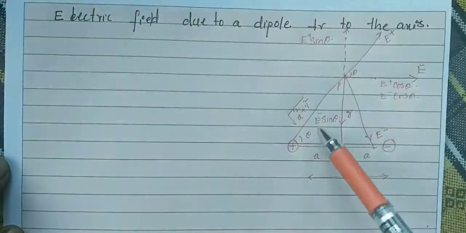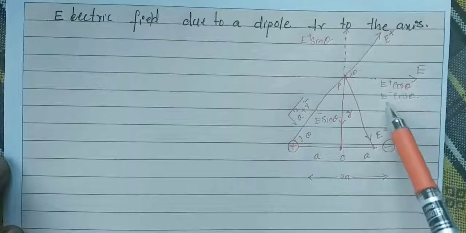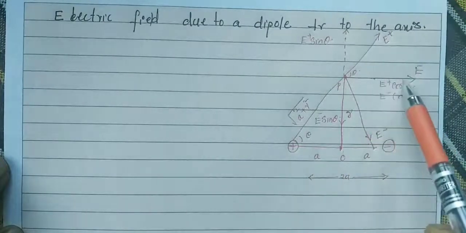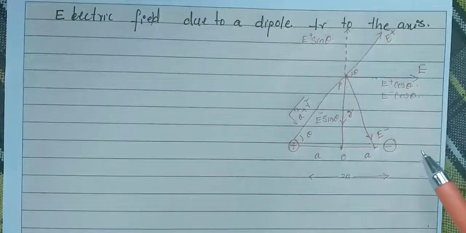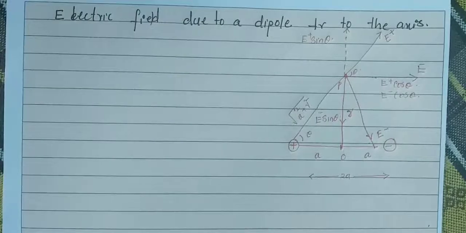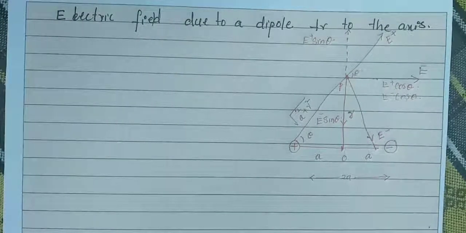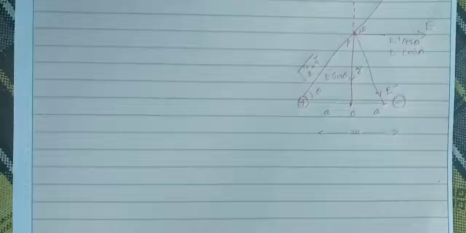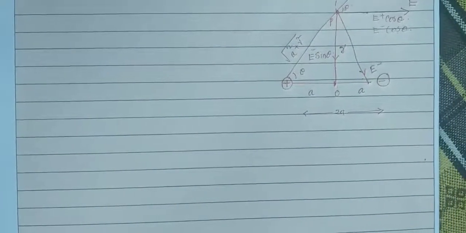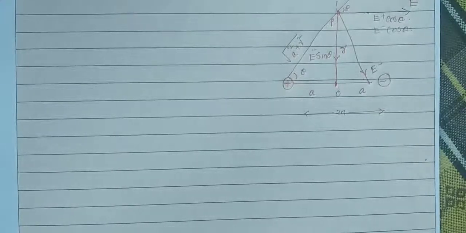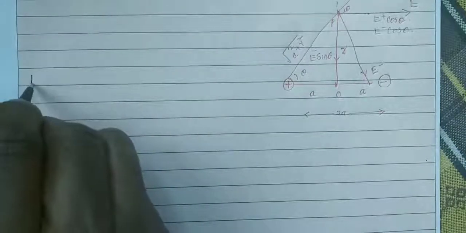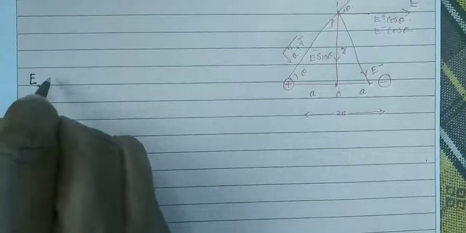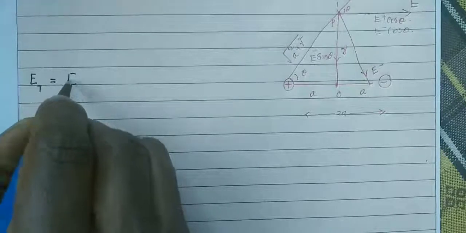So E plus sine theta and E minus sine theta cancel, but E plus cos theta and E minus cos theta cannot be cancelled. So total electric field will be the sum of these two cosine terms of both E plus and E minus. You should remember why both sine components cancel each other, because both have the same magnitude but different direction.